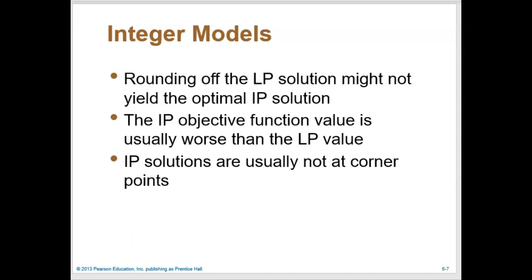The first question that comes to mind when I define an integer model is: why can't I just use a regular LP model and then round up or round down the optimal solution that I get? Obviously, that is one possible way of handling this situation.